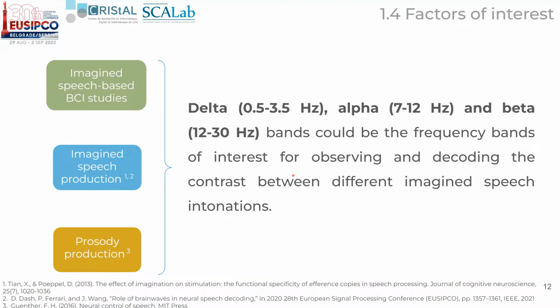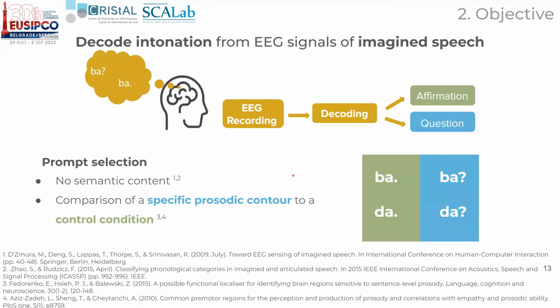To have a BCI as an end product, we must focus on the decoding task. So first, our objective is to decode intonation from EEG signals of imagined speech. We chose to decode 2 intonations, affirmation and question, where the affirmation is our control condition.